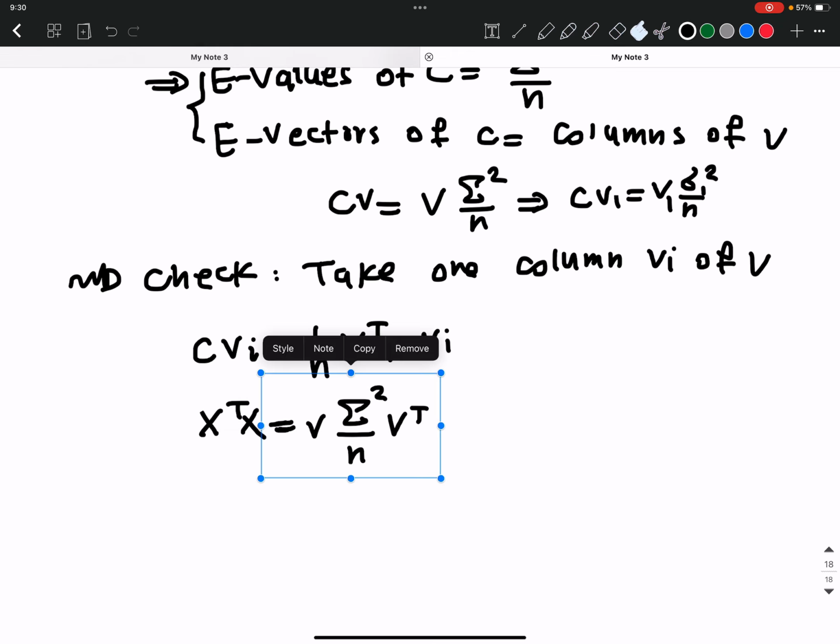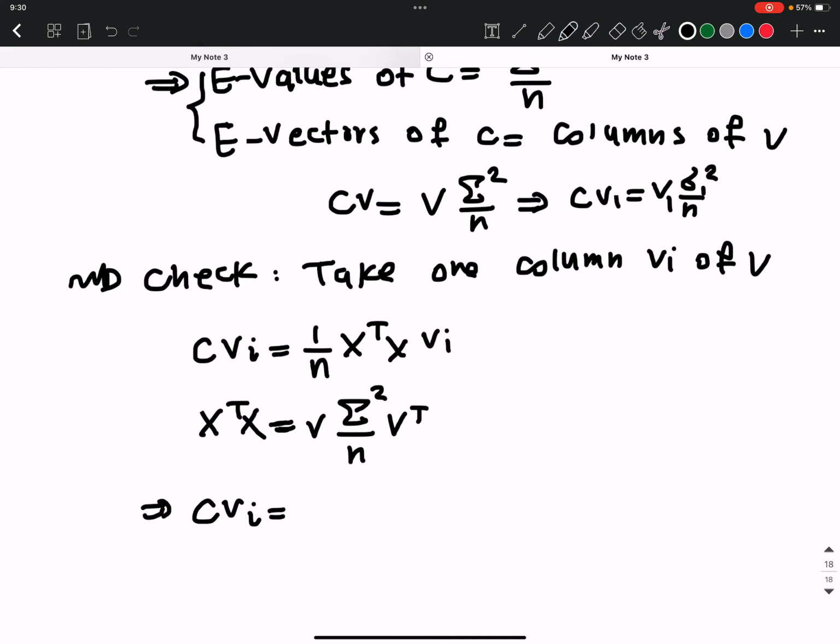Okay, so we get this. Now, what would be C v_i based on this? We get C v_i equals one over n X^T times X times v_i, which is going to give me V sigma squared over n V transpose times v_i.